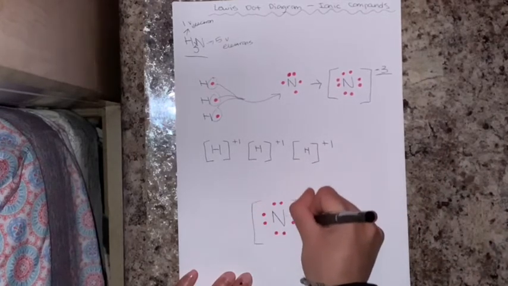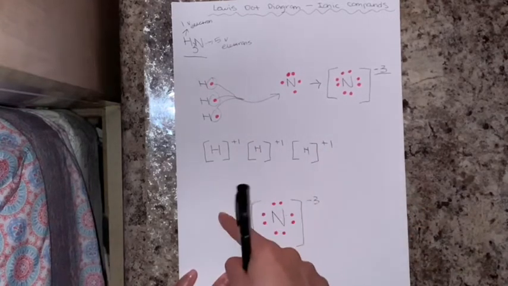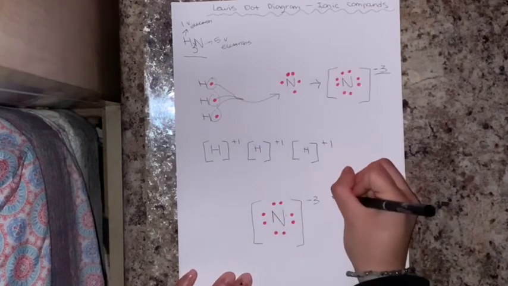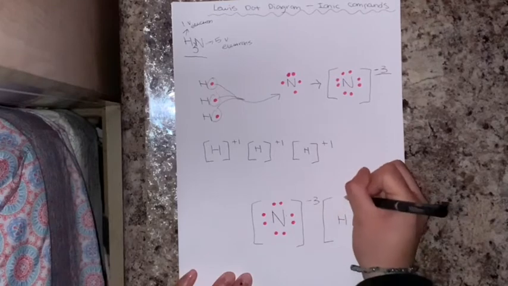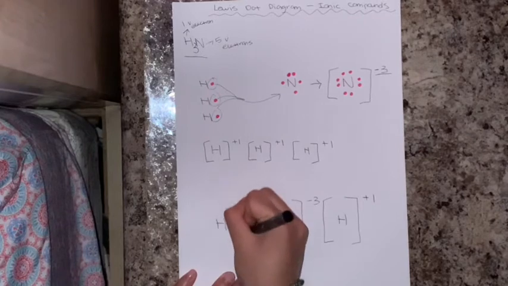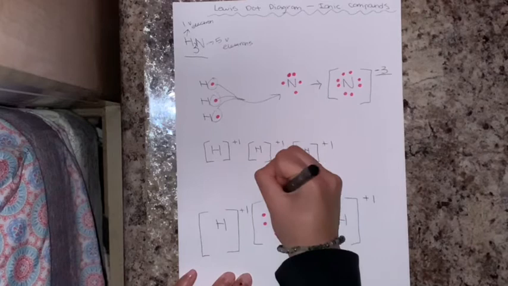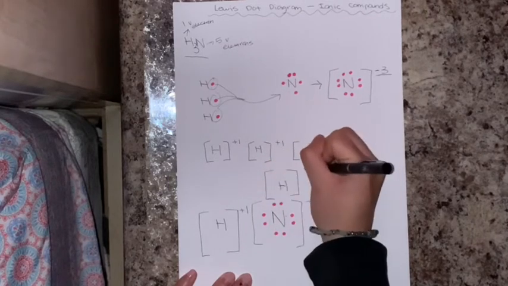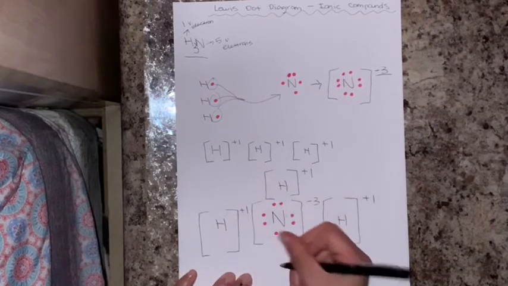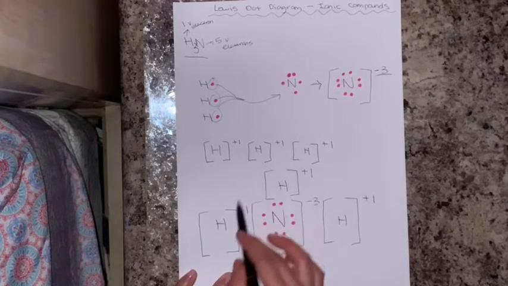So here we have nitrogen, and we're going to have these 3 hydrogens diagrams around nitrogen's diagram. So here we have 1. And here we have another, and we're going to put one on the top. And so this is an ionic compound for H3N. And that is it.